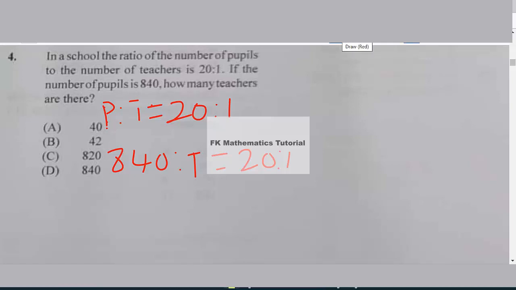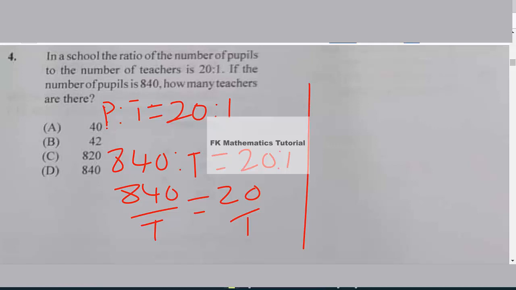So we can rewrite the ratio as division. So 840 over T is equal to 20 over 1. So when you cross multiply, you get 20T is equal to 840.